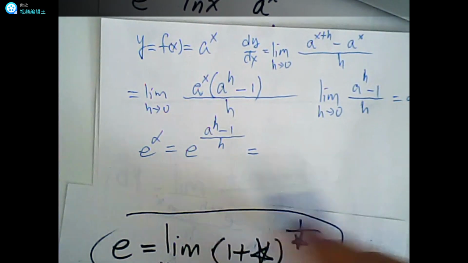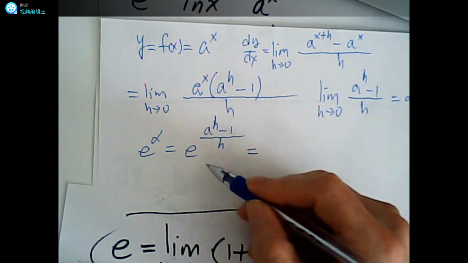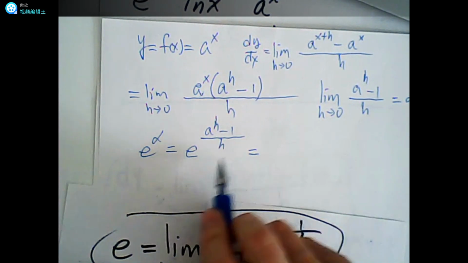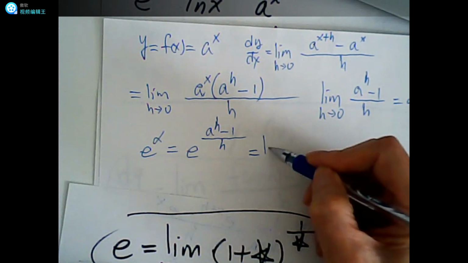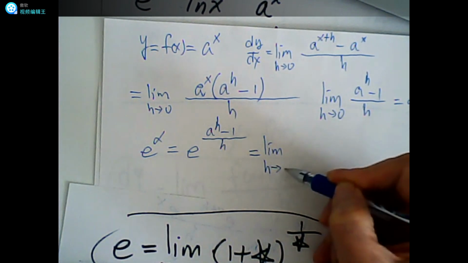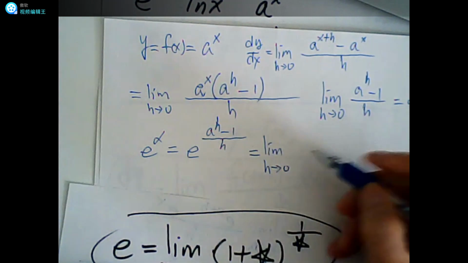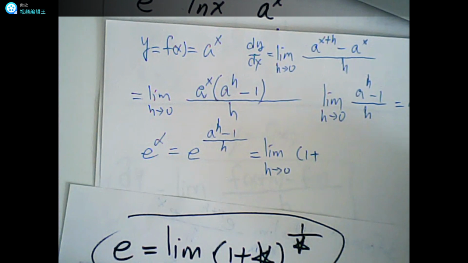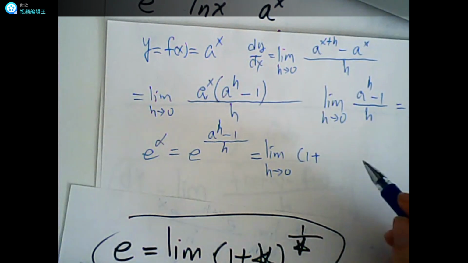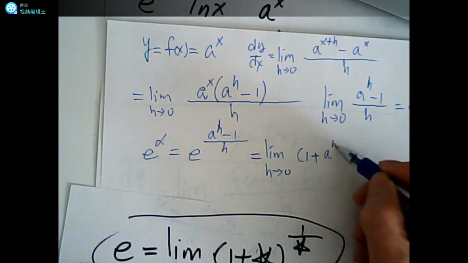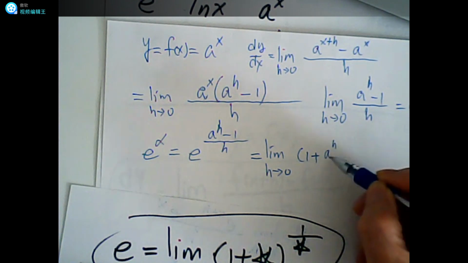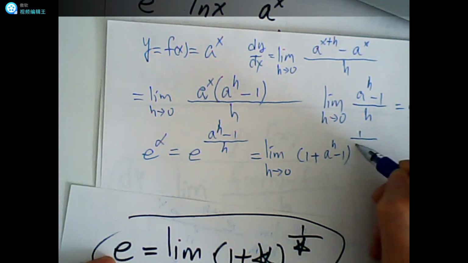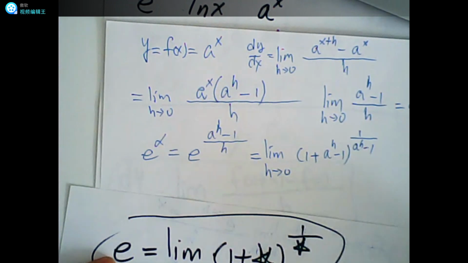So I'm writing e this way: e is equal to, because h goes to 0, the limit as h goes to 0 of 1 plus a to the power of h minus 1, to the power of 1 over a to the h minus 1. That's e.